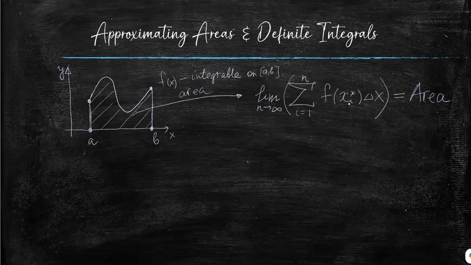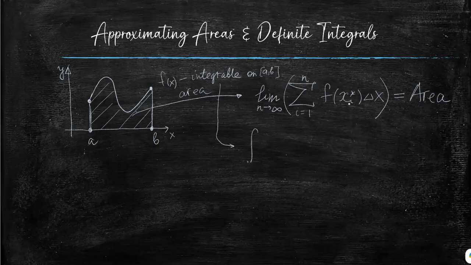A function could be integrable on one interval and not integrable on another, but to be integrable simply means to have a finite area that can be found using the limit of a Riemann sum. When the area exists and it's equal to this limit of the Riemann sum, we call this function integrable.